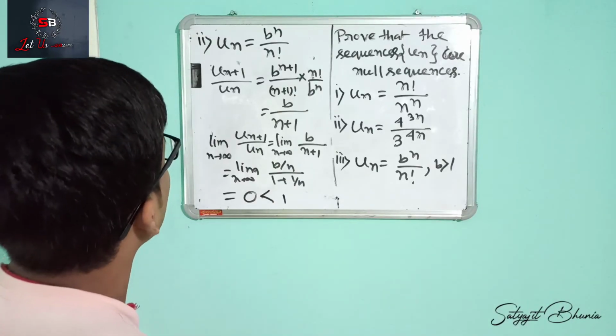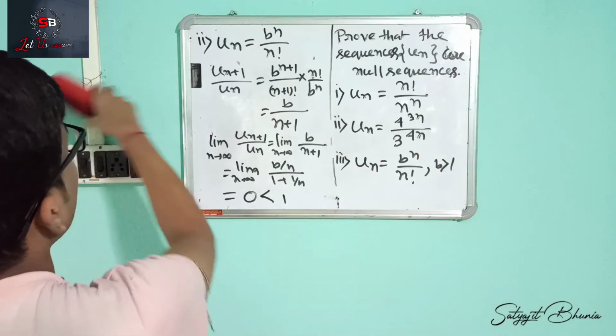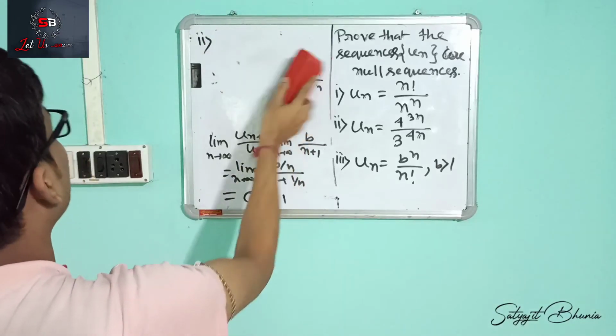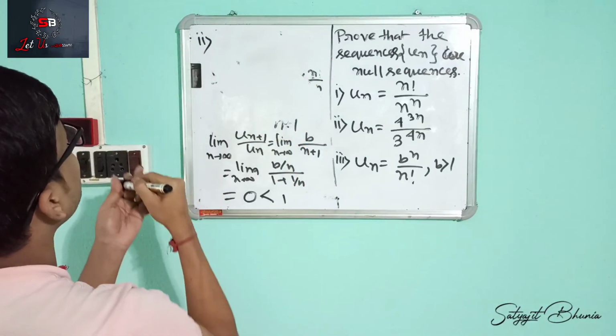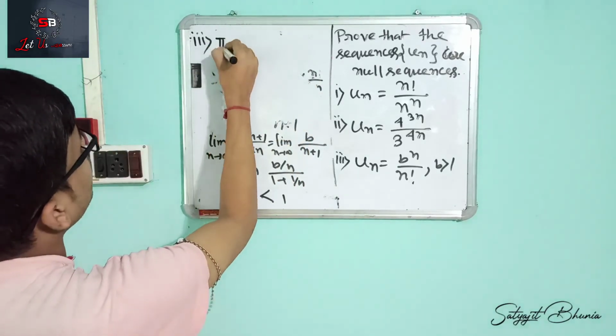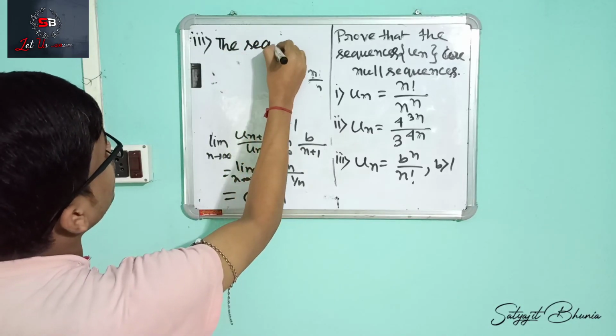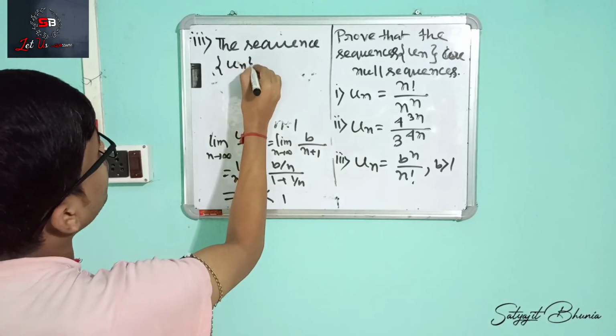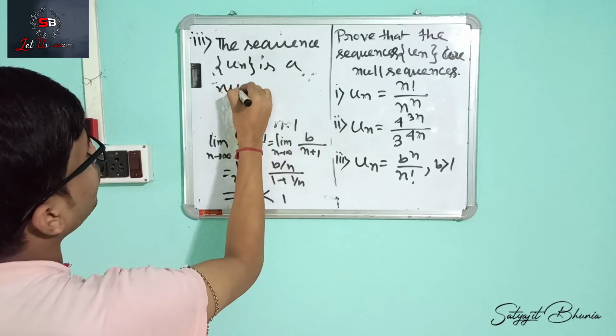And from the earlier mentioned theorem we can say that the sequence un is a null sequence.